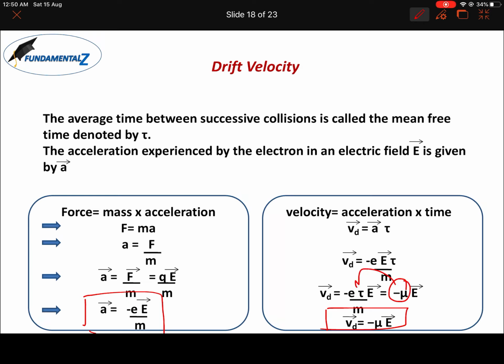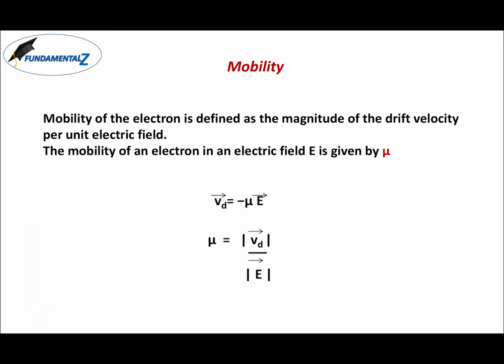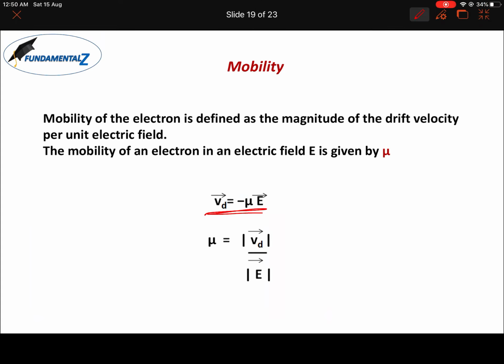So I have seen what is acceleration, I have seen what is drift velocity, I also know what is mu. Now we are going to derive mu. So we know that Vd is equal to minus mu into E, but mu, this mobility factor, is a scalar quantity.